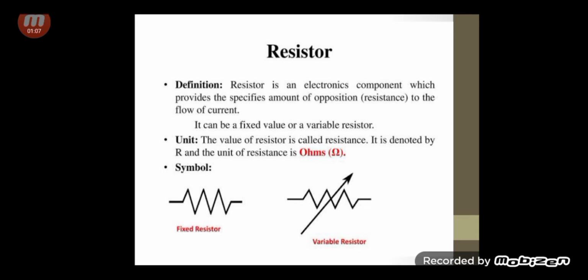There are symbols for the fixed resistor and the variable resistor. Fixed resistor means you cannot change the resistance of the resistor, like you cannot change the resistance of a bulb. With a variable resistor, you can change the resistance of the electrical appliance, for example a fan. You can change the speed of the fan with the variable resistor.